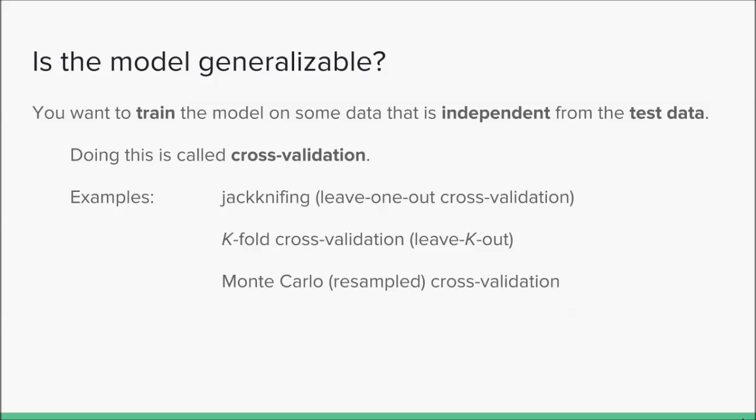And then finally, there's a more general technique that's called Monte Carlo or resampled cross-validation. So rather than doing an exhaustive cross-validation where you leave a subsample out and exhaustively rotate through all of the subsamples, you simply resample randomly throughout your data set.